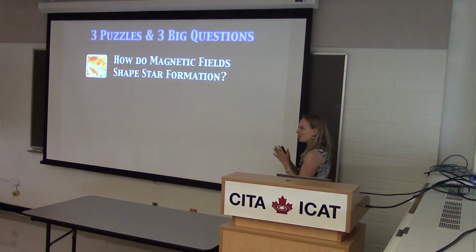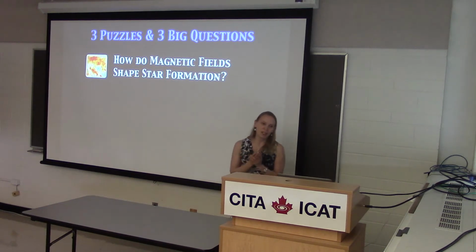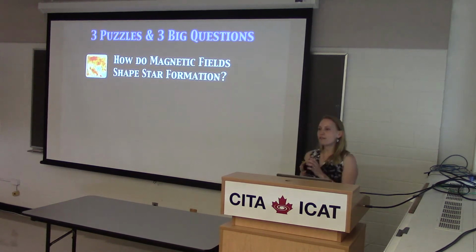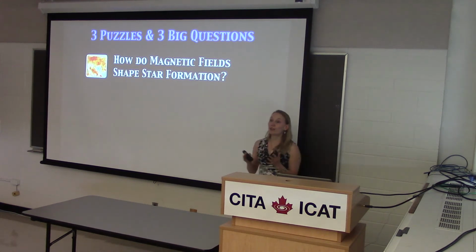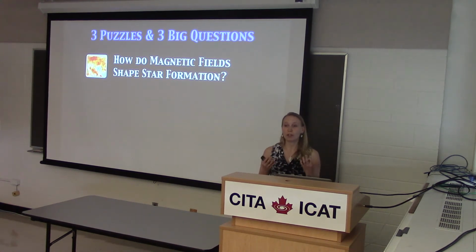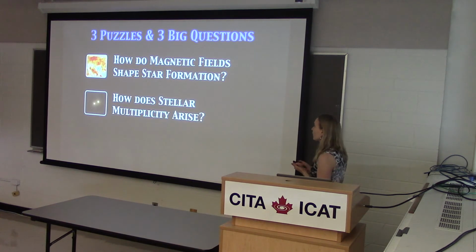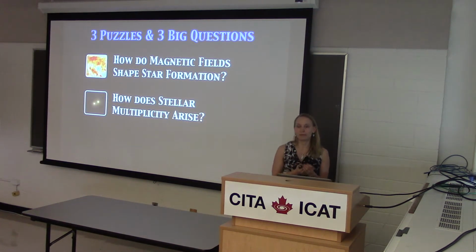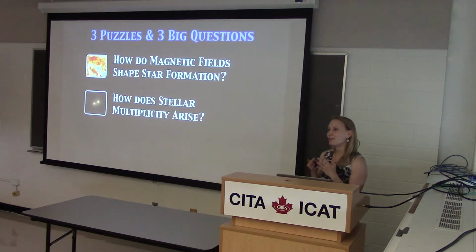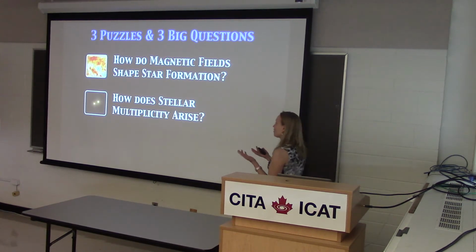I'm not saying I'm going to answer this in this talk alone, but I hope to show how some of these recent observations can give hints for what's actually happening on scales where we can't resolve and explore magnetic fields. Another question: how does stellar multiplicity arise? Why is our sun a single star as opposed to in a binary or triple star system?